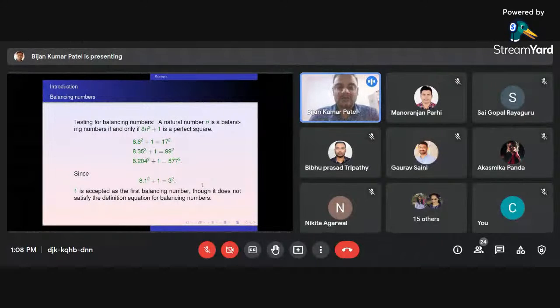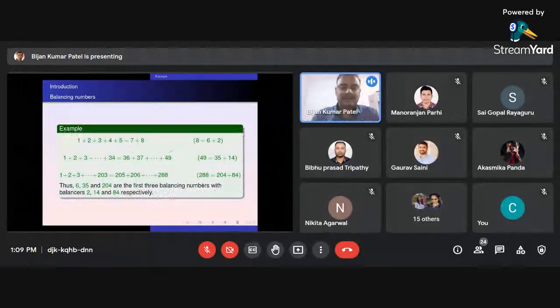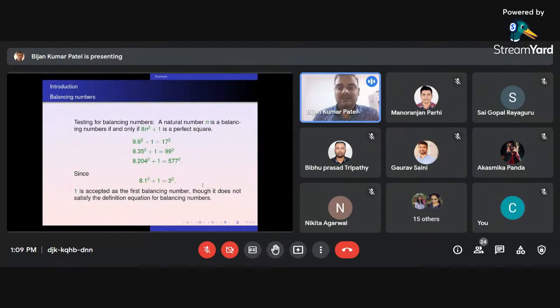But we also observe that 8 into 1 square plus 1 is also a square. But as per the Diophantine equation, 1 is not a solution. But here 1 satisfies the condition that 8n square plus 1 is a perfect square. Therefore, we consider that 1 is the first balancing number, 6 is the second, and so on.